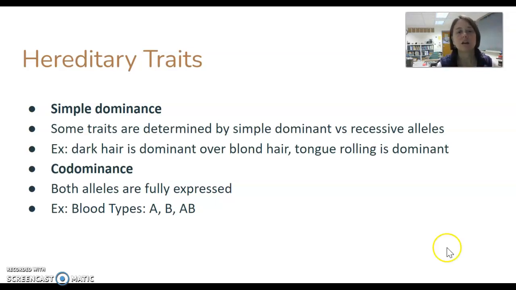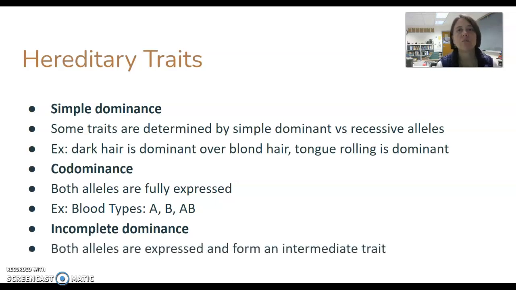Blood types are codominant. So if you have an A and a B, you have AB blood. So you don't have A blood or B blood or like A and a half blood. You have AB blood. Both of them are expressed. And then there's another type called incomplete dominance, where both alleles are expressed but not fully.